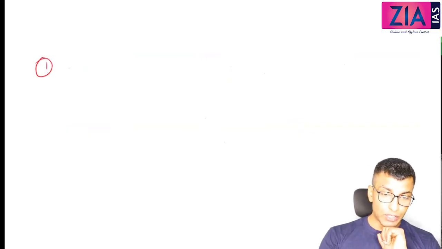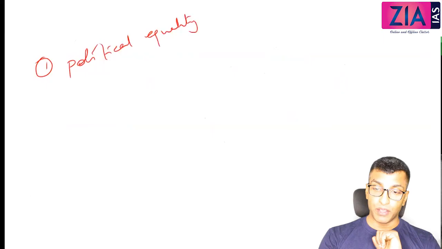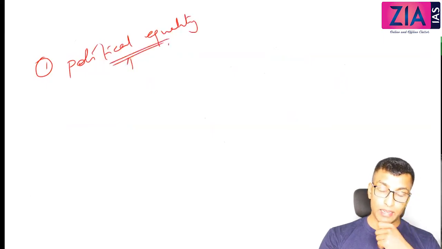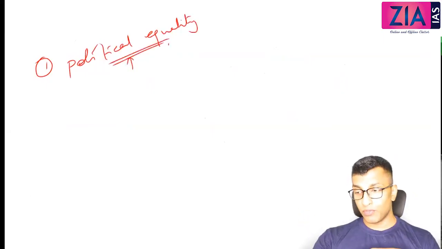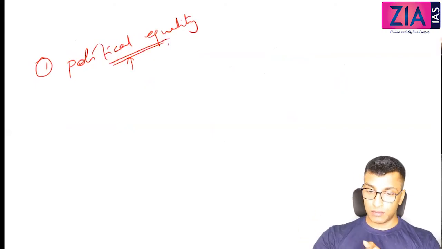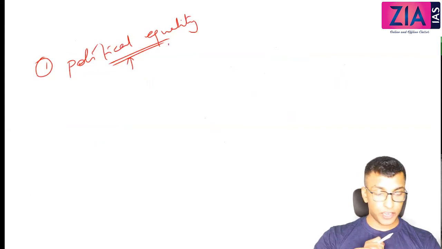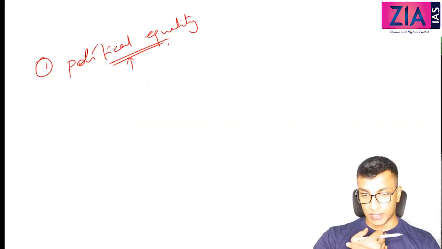Now when you discuss feminism, there are different waves of feminism. Initially it was for political equality. Political equality means what? From the beginning onwards, it is basically for the right to vote. So when in India was the right to vote given to females? Any idea? In which reform, in which act?